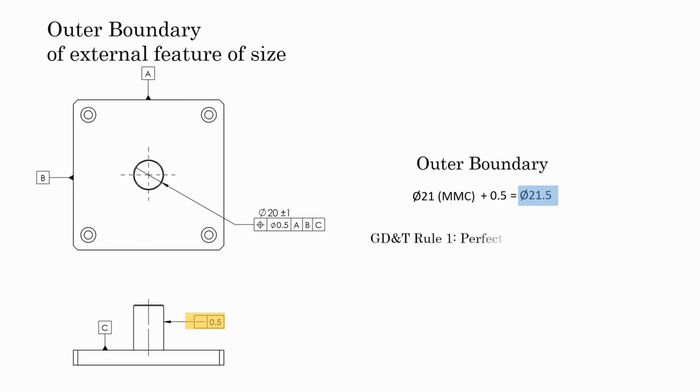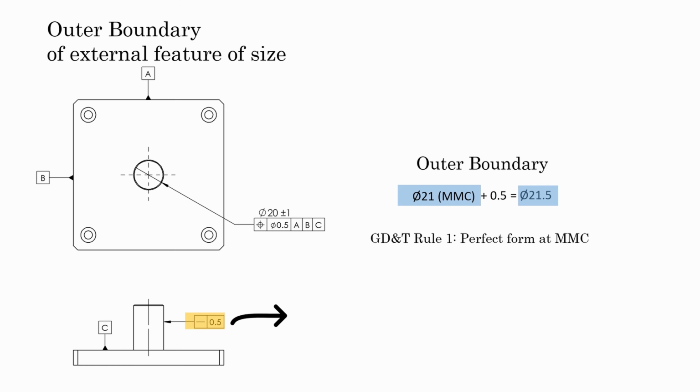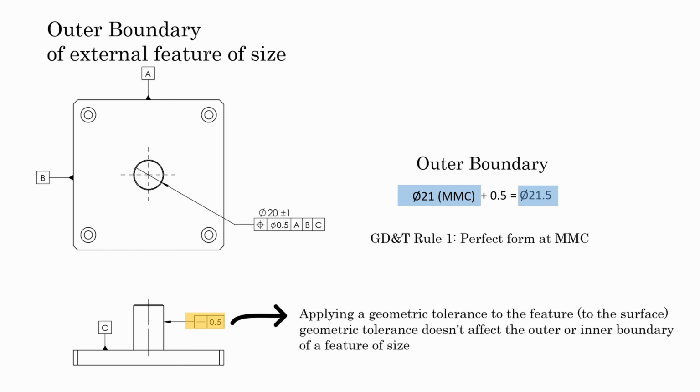This is because according to GD&T Rule 1, the perfect form at MMC, no form deviation is allowed when the feature of size is at MMC, and we already considered the MMC size of the pin, 21 mm, as we saw in the earlier example. So you can keep this as a note in your mind: applying a geometric tolerance to the surface doesn't affect the outer or inner boundary of a feature of size.